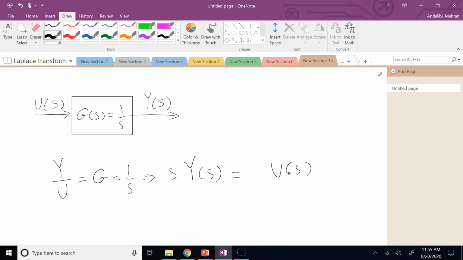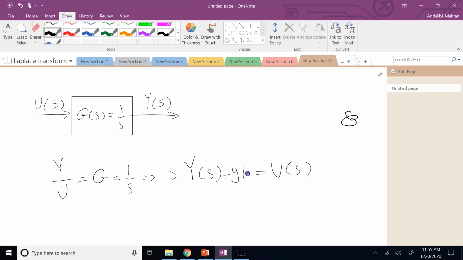Right? And you can add some extra y of 0 here, right? Because you know the initial condition is 0, so you can add some y of 0 here. You know that's 0 when we do Laplace transform for transfer functions.